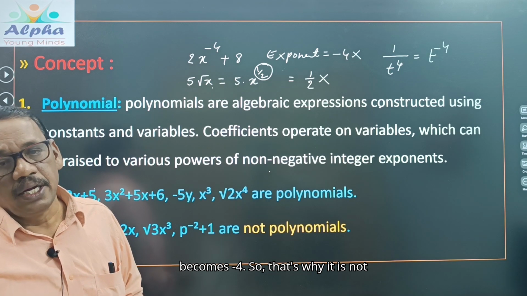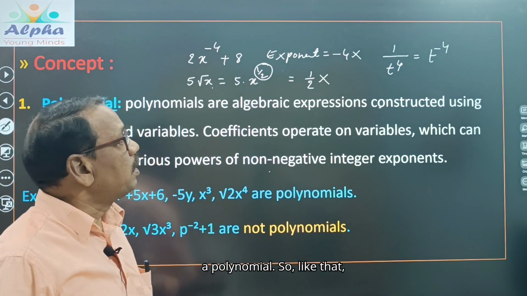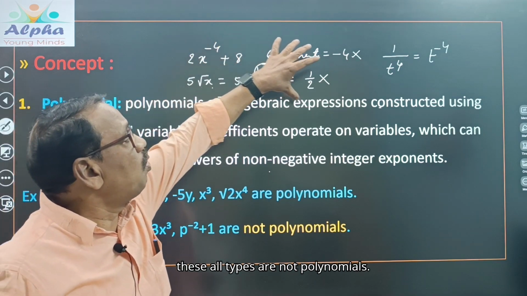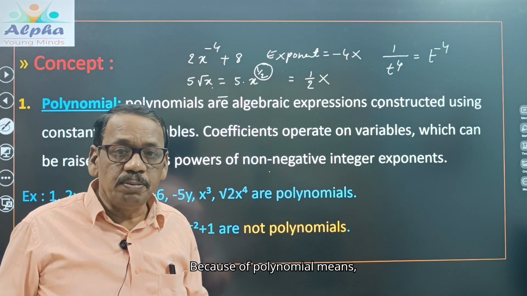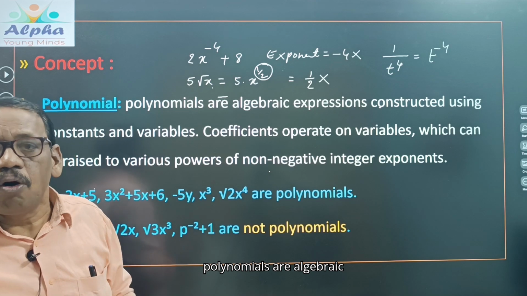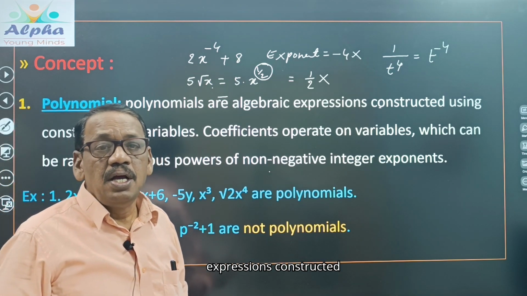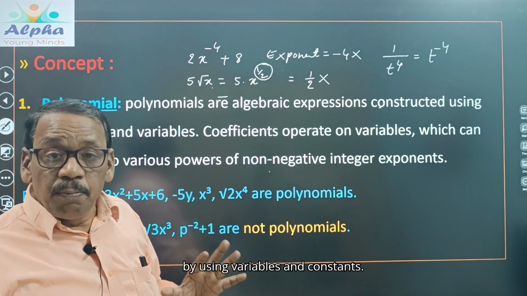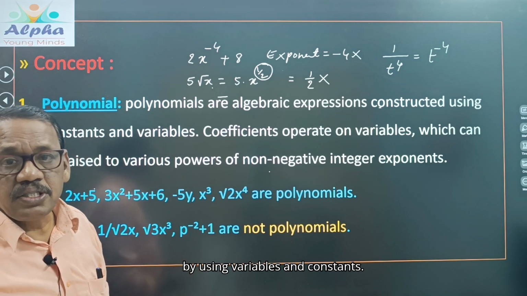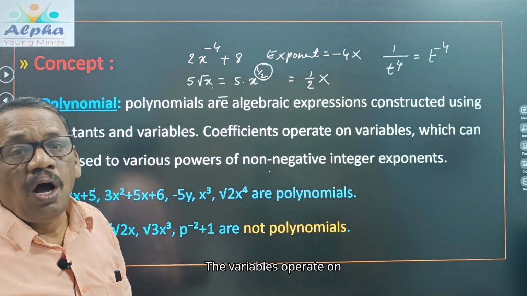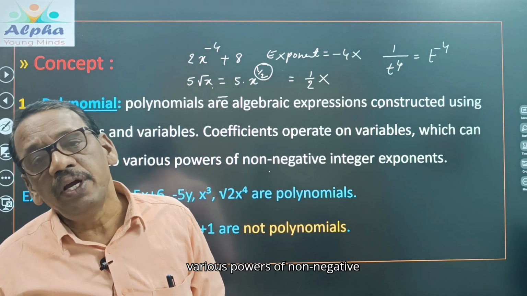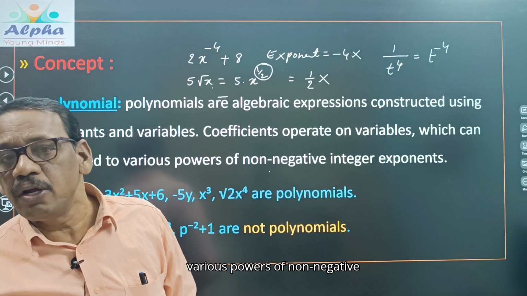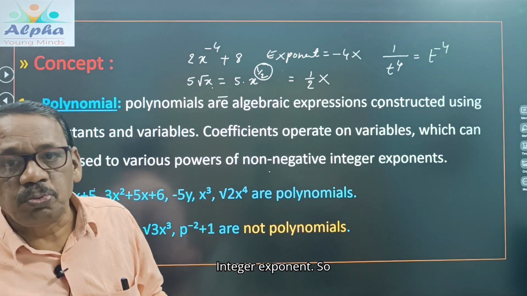So that is why it is not a polynomial. Like that, these types are not polynomials, because polynomials are algebraic expressions constructed using variables and constants, where the variable operates on coefficients and can be raised to various powers of non-negative integer exponents.